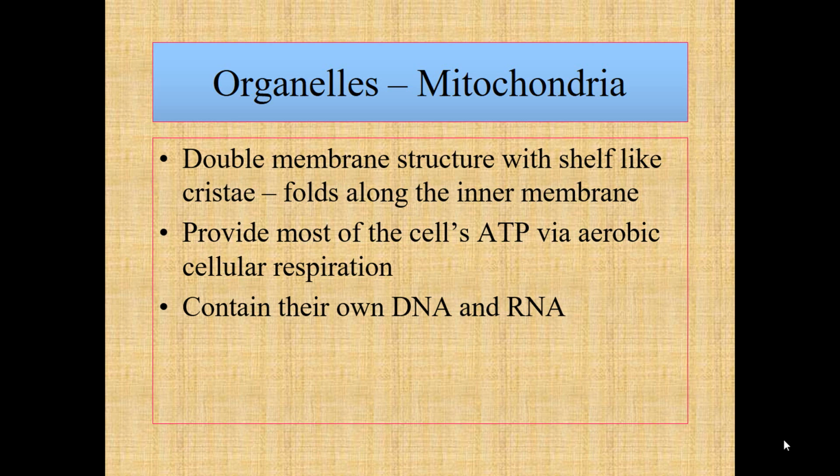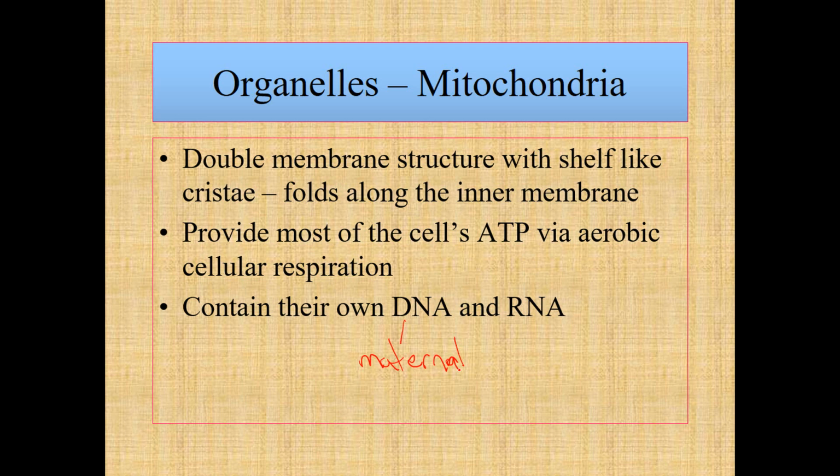I'm not going to test you on this, but in medical situations, it's not unheard of to access a patient's mitochondrial DNA, because that mitochondrial DNA is an exact copy of your mom's.